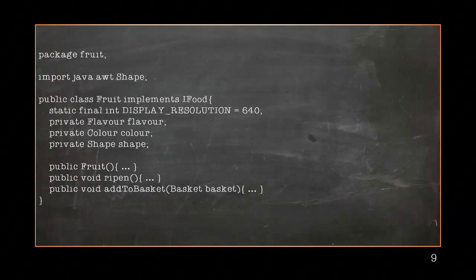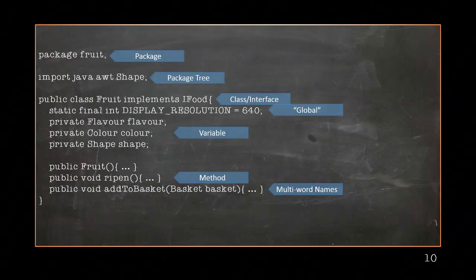Now, some of the things you have to consider when naming things in a class is package level. In Java, everything is typically lowercase for package level naming. The way you name your tree, like the import java.awt, if it's a private library, typically people do the reverse of their web address.